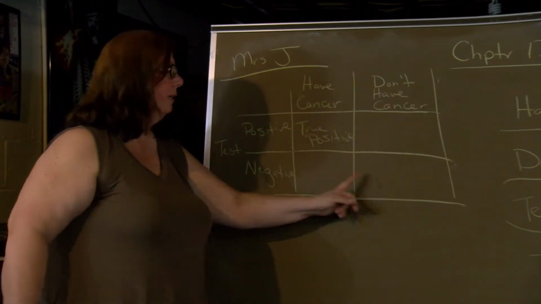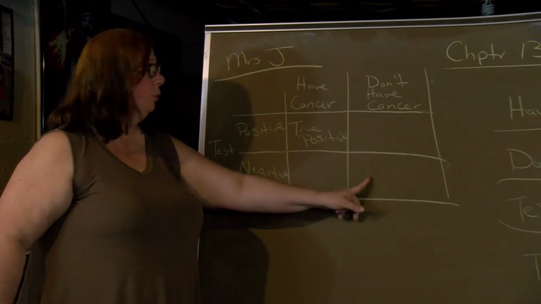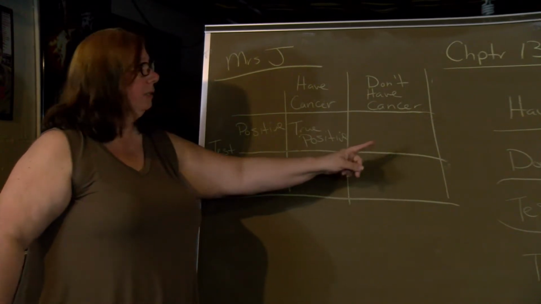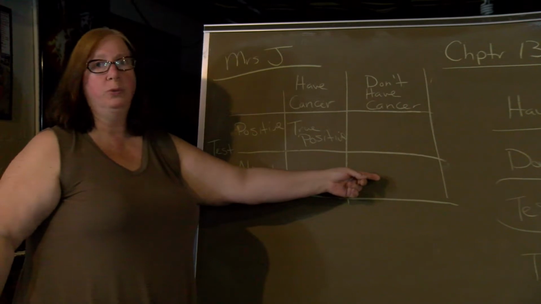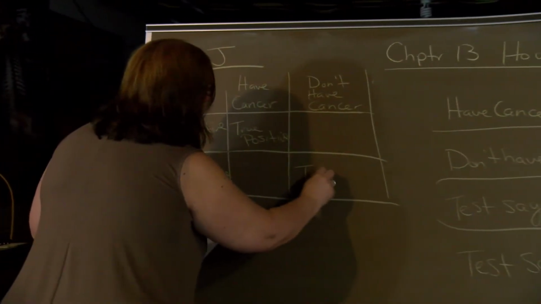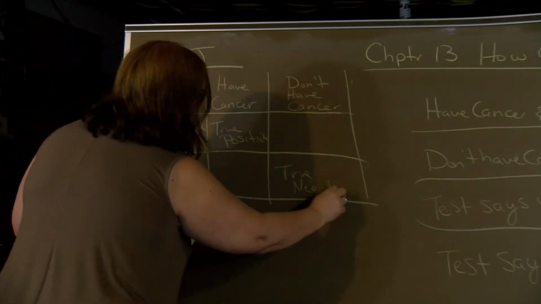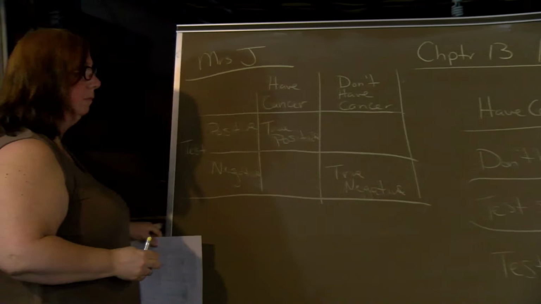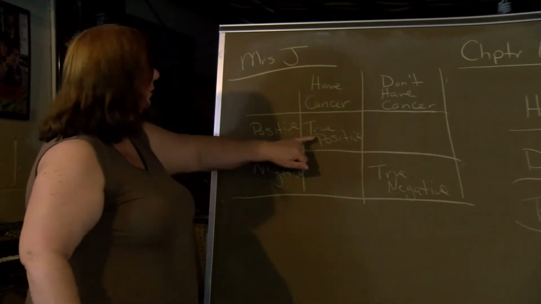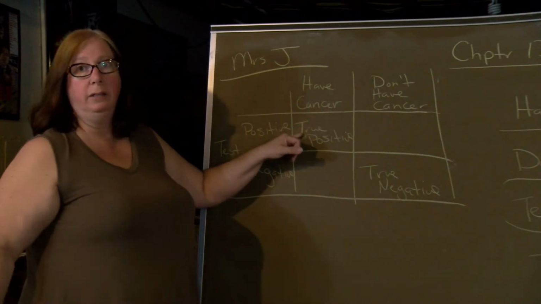You don't have it and the test was negative. That is a true negative because it tested negative and it was right. So this is what you tested, positive or negative, and this is if it's right.